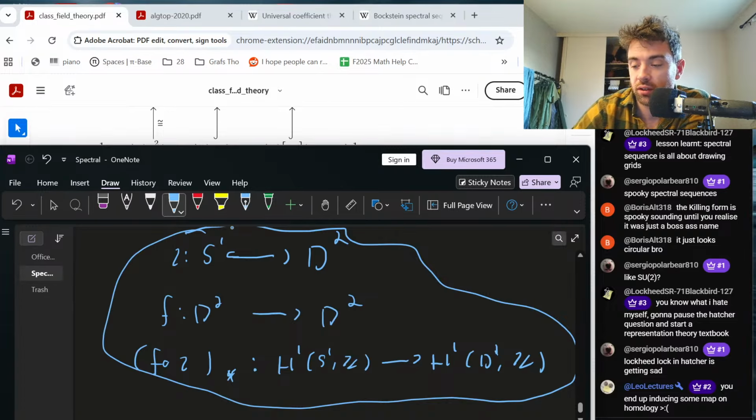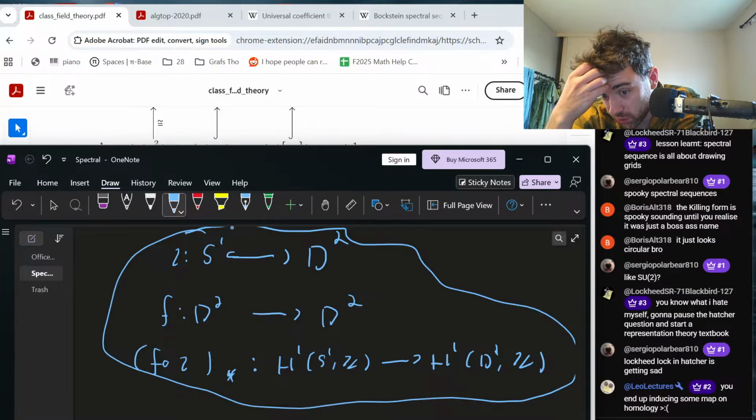I think this proof is in Hatcher. Carefully looking at the proof and trying to mimic it. And I'm sure that's the approach that will work.